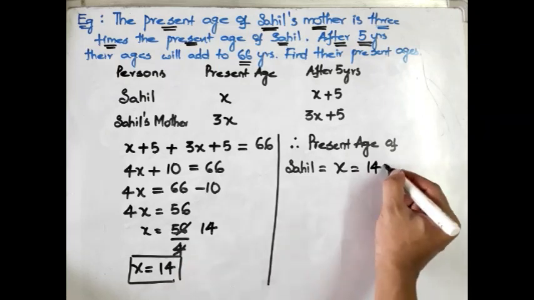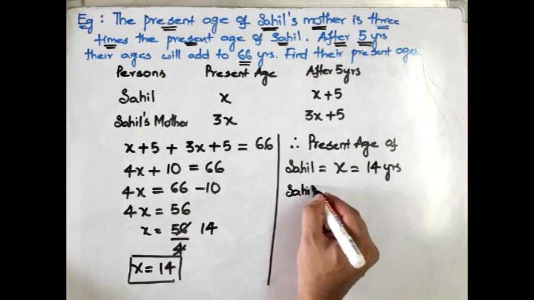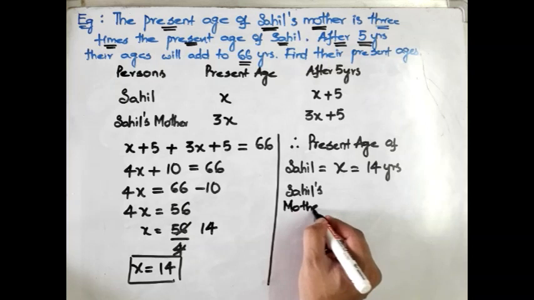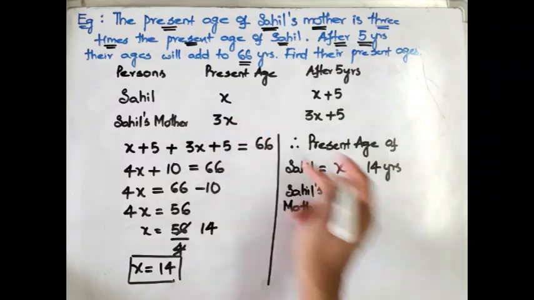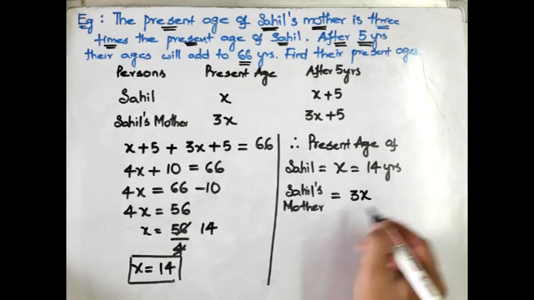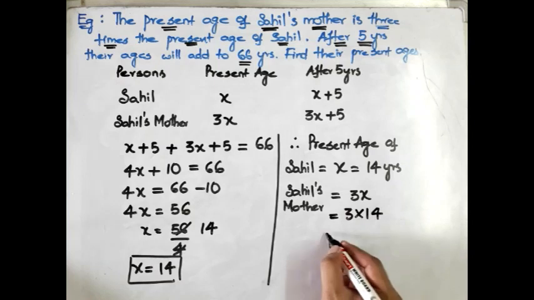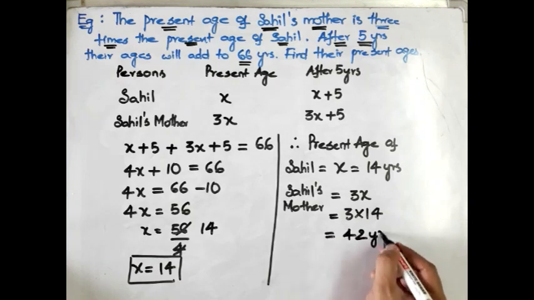So 14 years. And present age of Sahil's mother is equal to 3x, that means 3 into 14, which is 42 years. This is the way we have to solve this kind of problems.